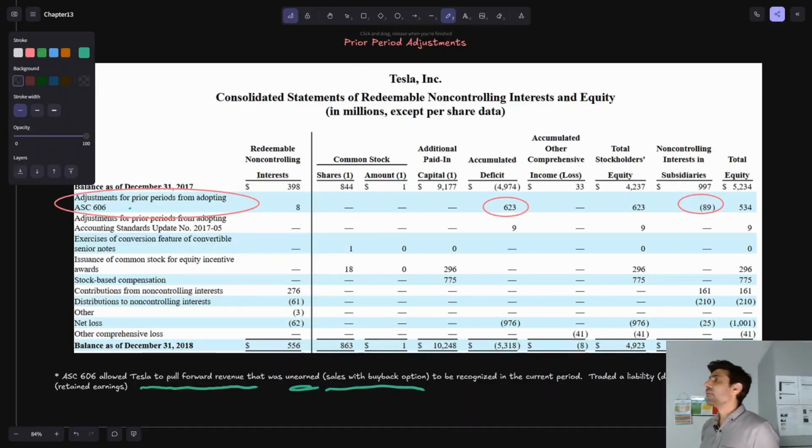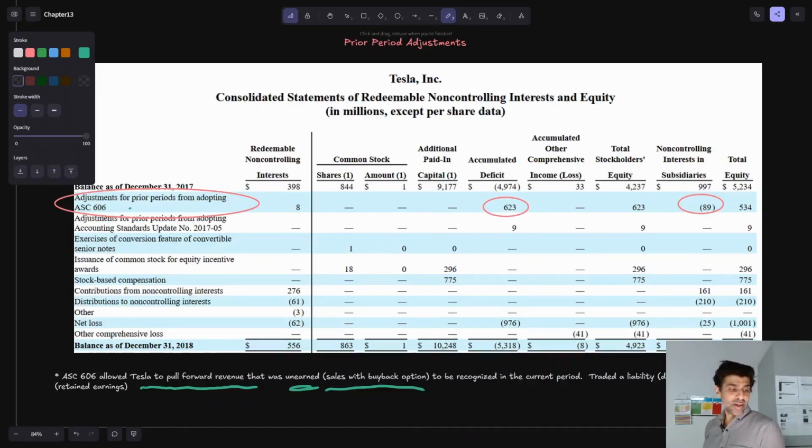For whatever reason, the standards for how to account for this changed. And it sounds like it's more aggressive, to allow a company that is first booking unearned revenue and recognizing revenue over time to now just recognize all of it as revenue up front. We'd have to look into the details.